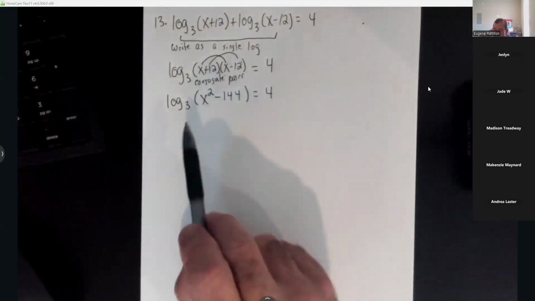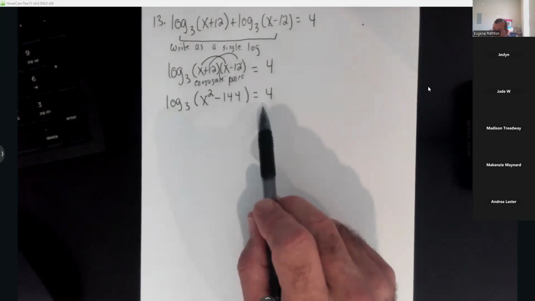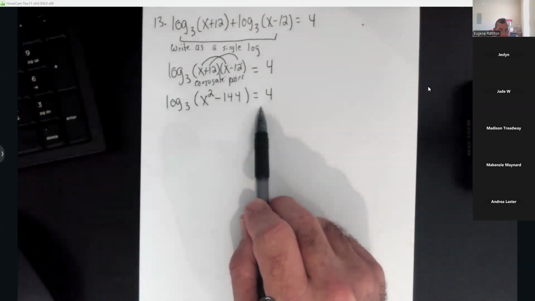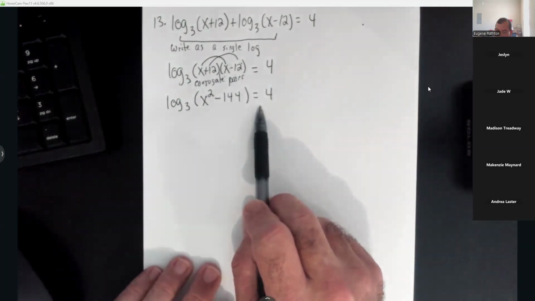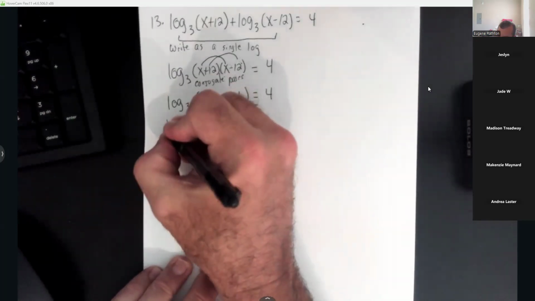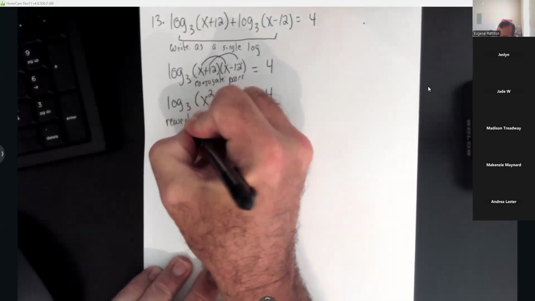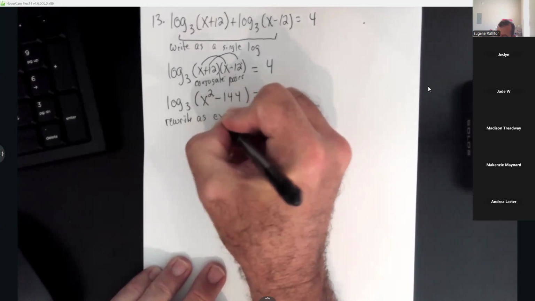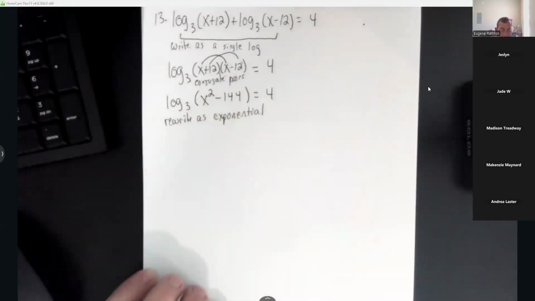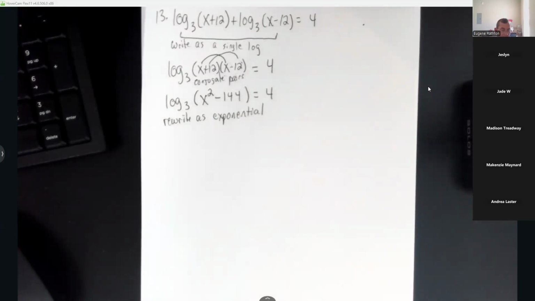Well, y'all look at this. I don't have a log base equal to a log base. So I'm going to rewrite it as exponential. All righty.